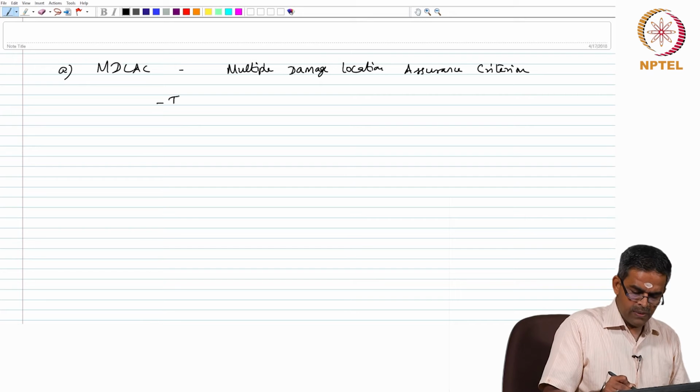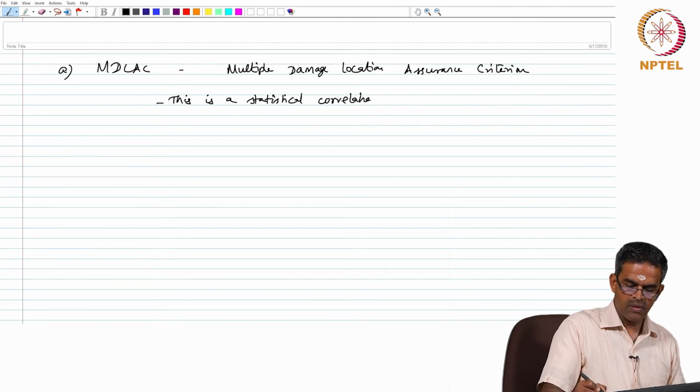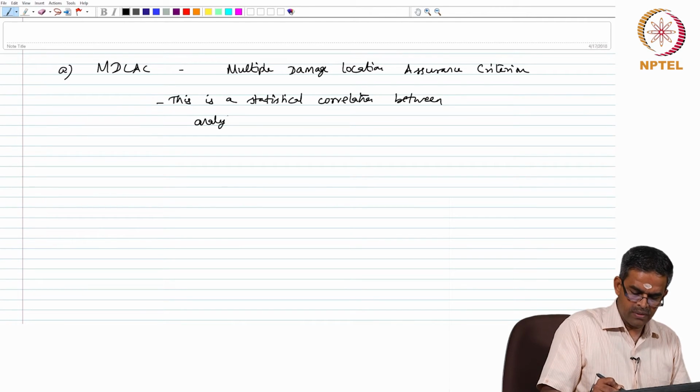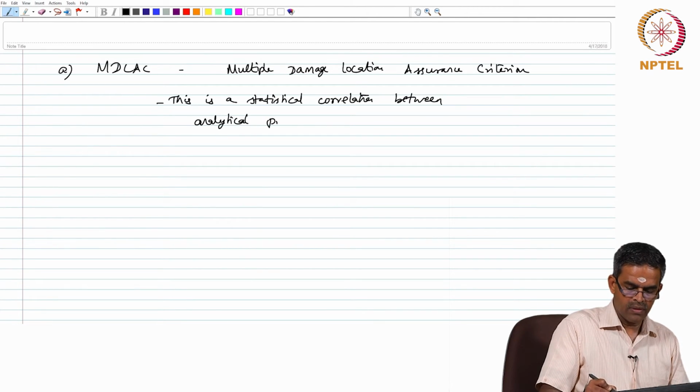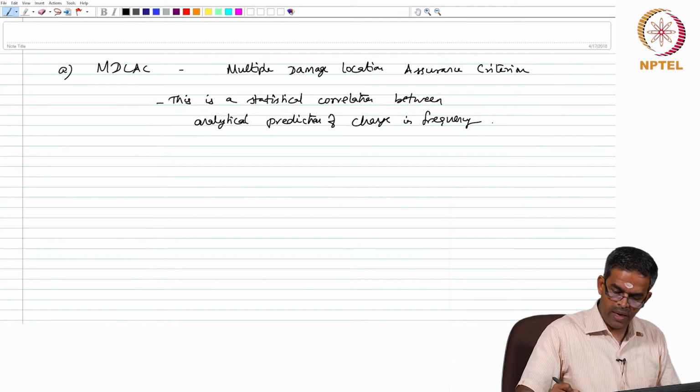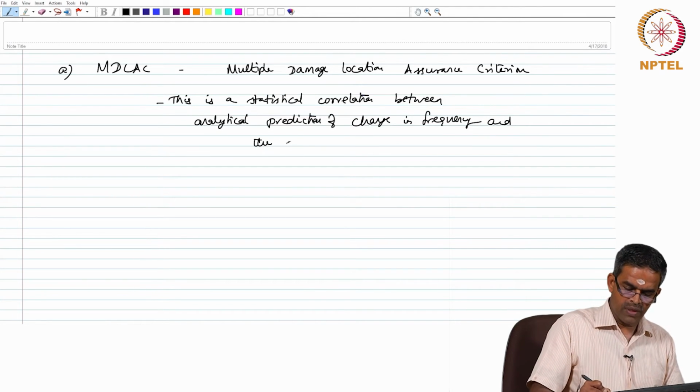Essentially, this is a statistical correlation between analytical prediction of change in frequency and the measured frequency.